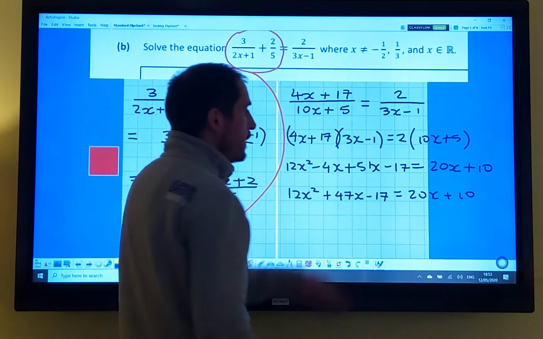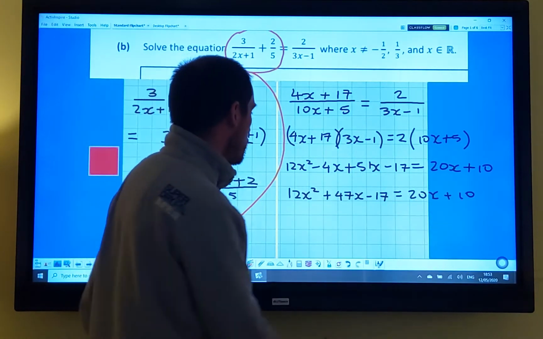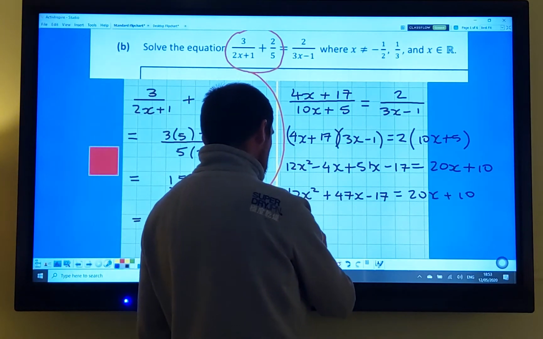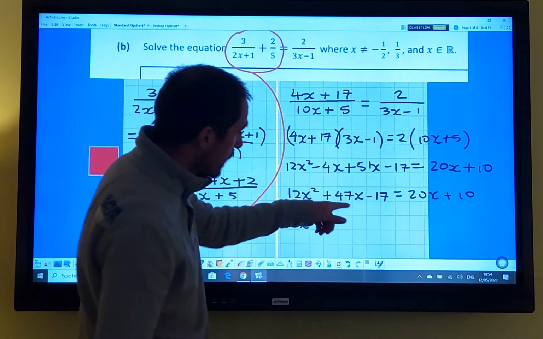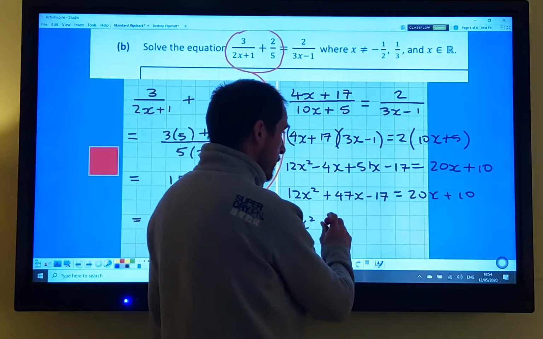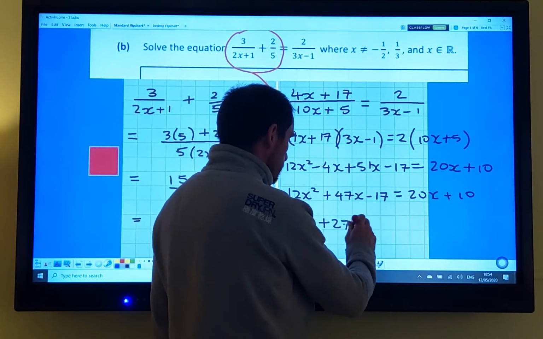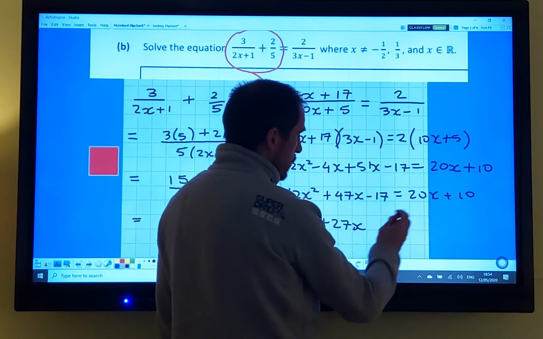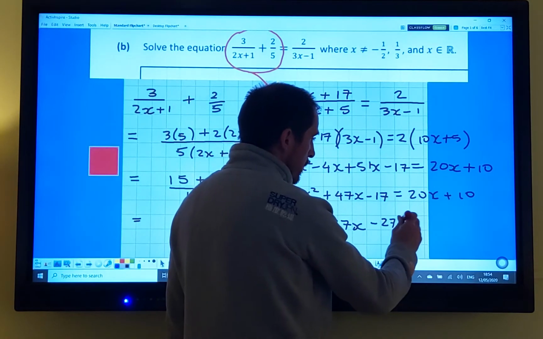Now subtract 20x from both sides and subtract 10 from both sides. That leaves me with 12x squared. 47x minus 20x is 27x, and minus 17 minus 10 is minus 27.